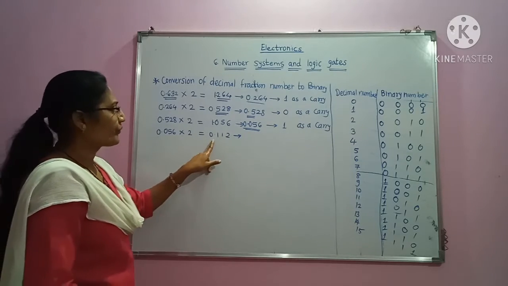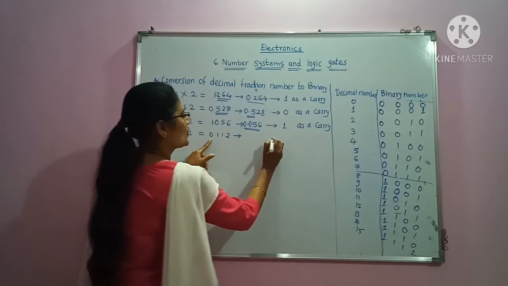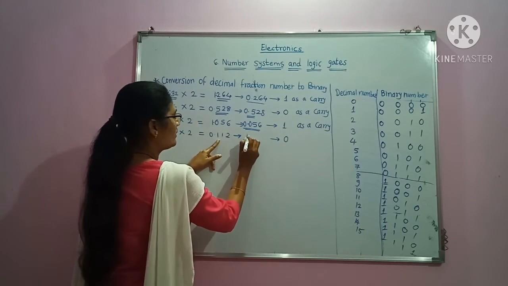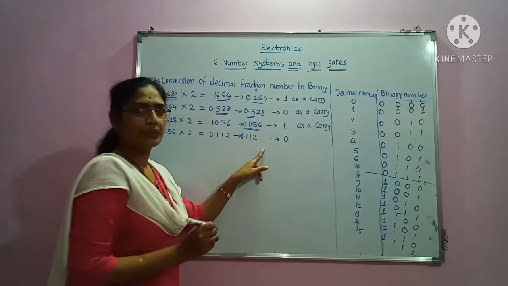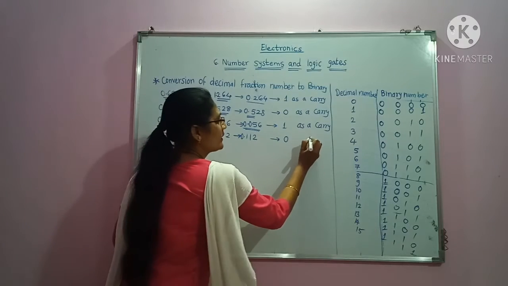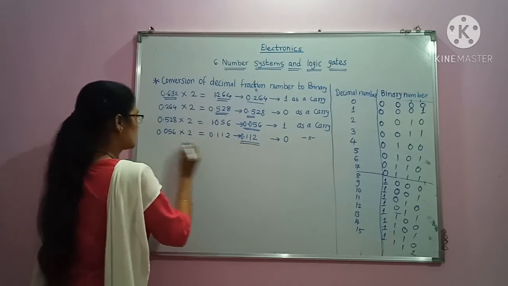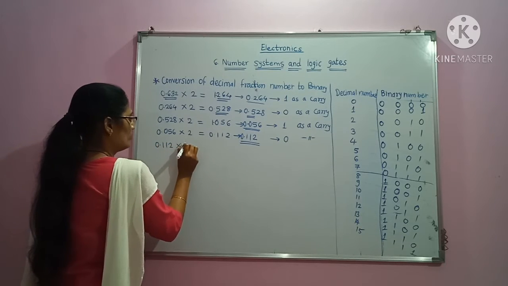So again I have obtained a fraction with 0 carry. So here carry is 0 and the fraction is 0.112. Again, to this fraction I have to multiply by 2.